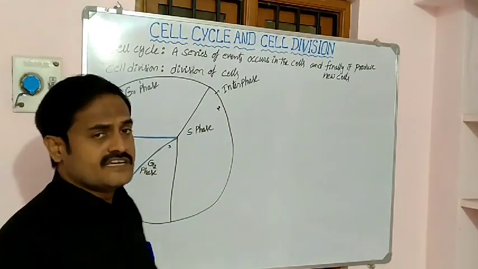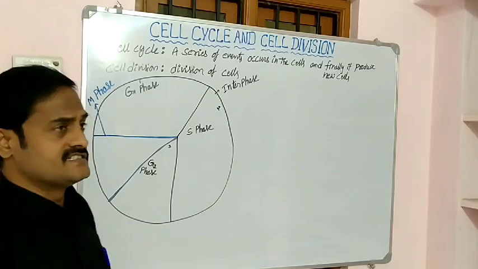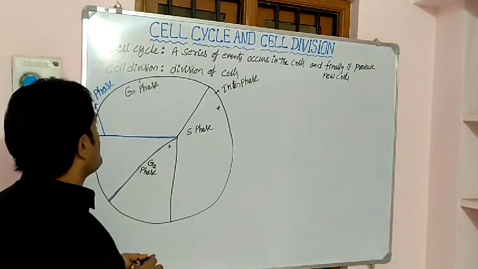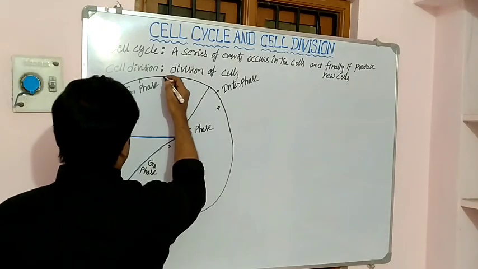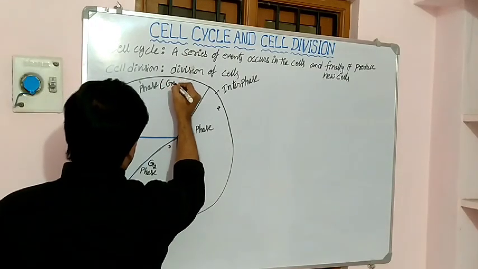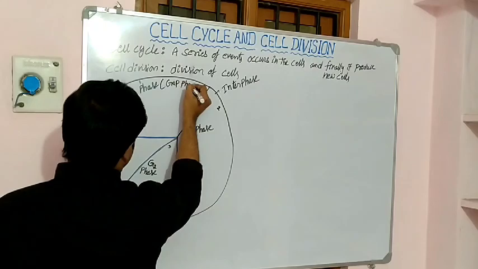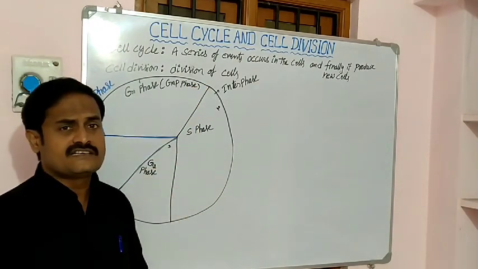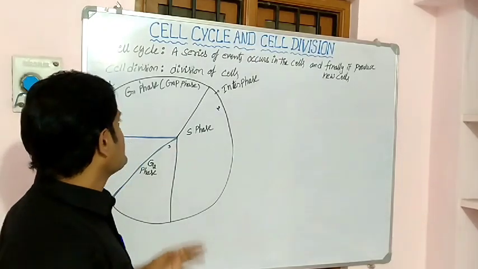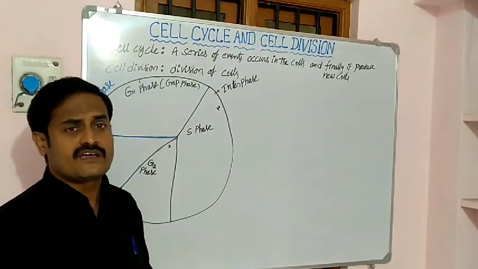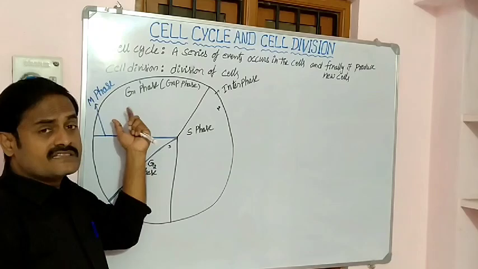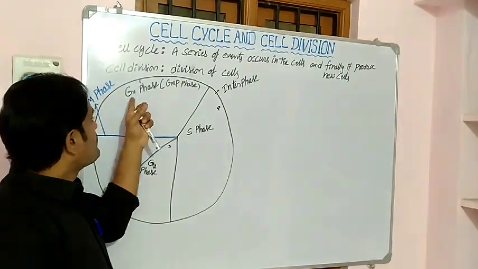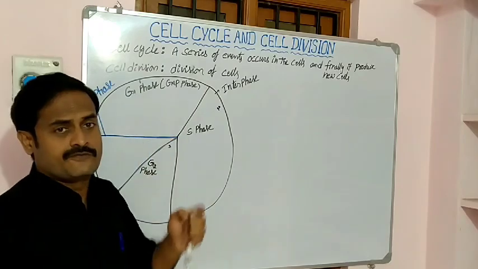So what kind of changes do we notice in these phases? First, the G1 phase, also called the gap phase. When the cell enters the cell cycle, it participates in the G1 phase.